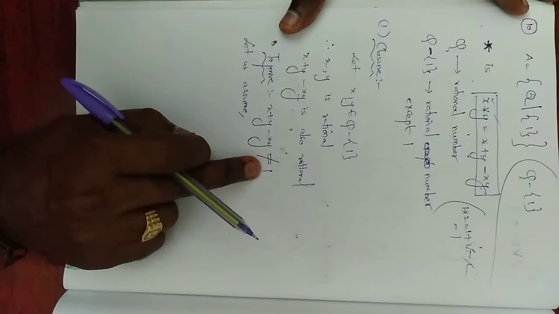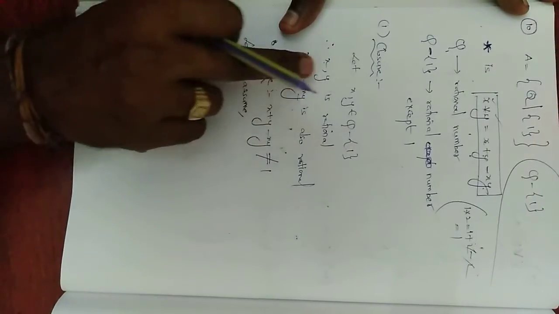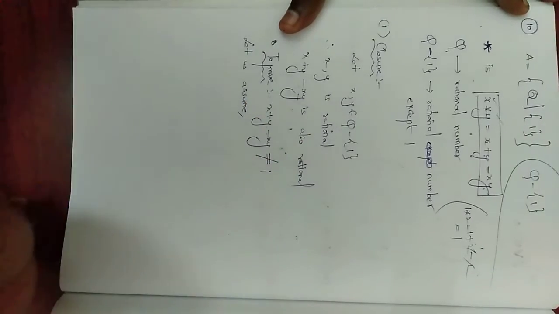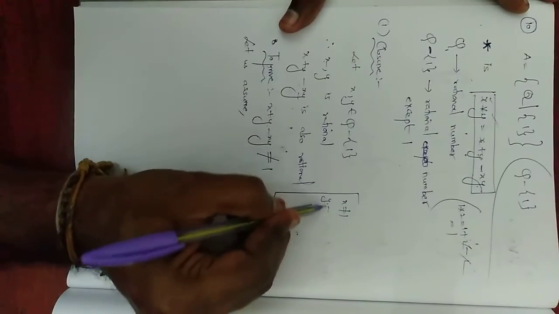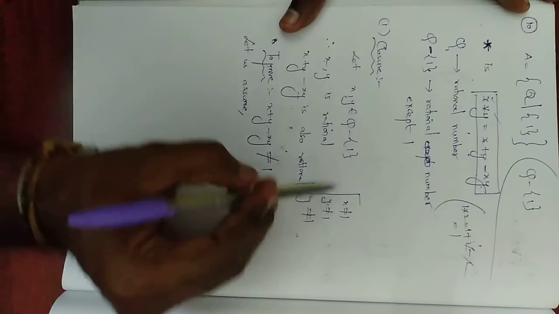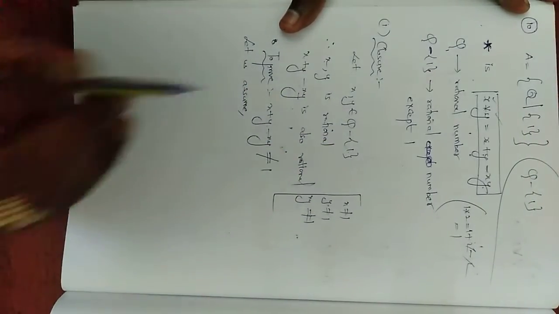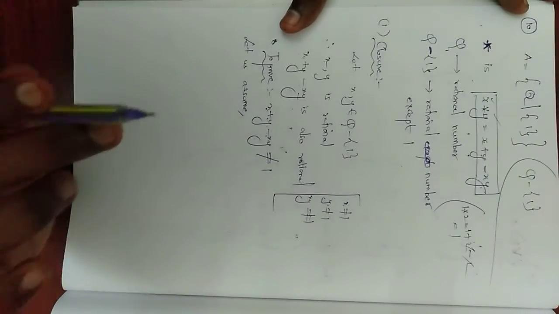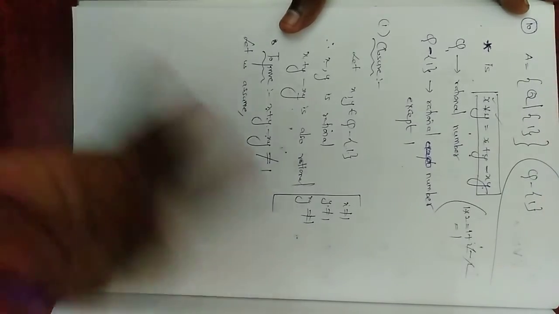Here x is not equal to 1, y is not equal to 1, xy is not equal to 1, because in x and y you can take any rational number except 1. For that I don't know how to prove directly, so we are going to assume.